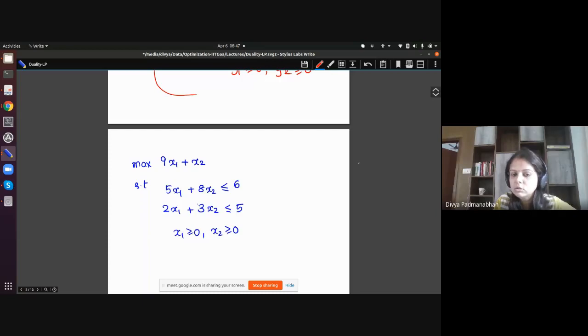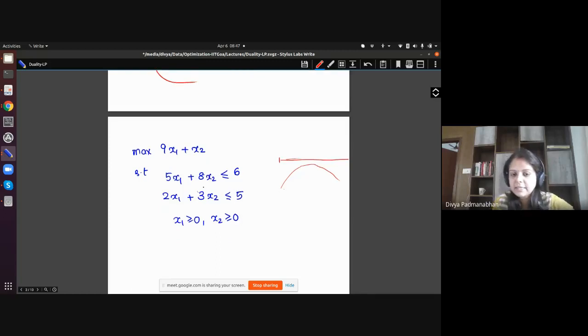Then what we are interested in is finding an upper bound. In general, it's some function that you want to maximize, and what is the best upper bound? How close is it to the original problem?